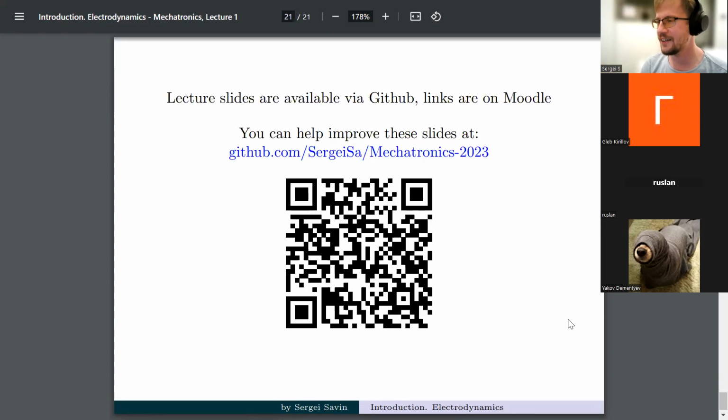Now, as usual, the slides are available on this GitHub page. So you can now, if you want, scan the QR code, and you would see the page, so you don't have to type it. Or I will send it in the group. The slides for the first, I believe, 6 lectures are already there.